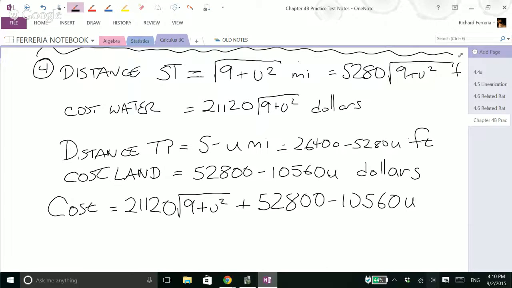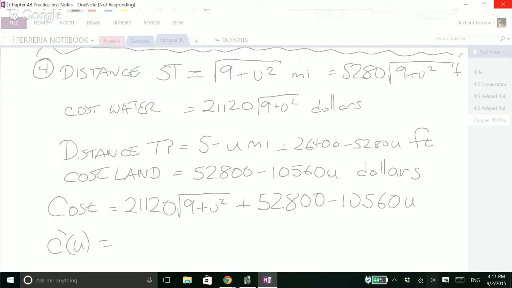I know you're so happy to take a derivative of this. Sure. The derivative of cost, C prime, in terms of u. So what's half of 21,120? 10,560.